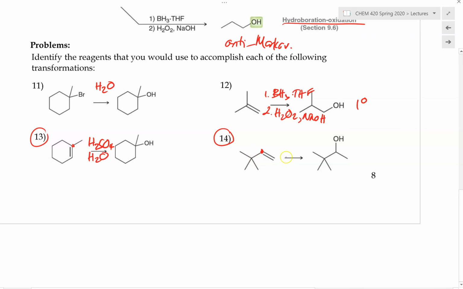If we were to do acid-catalyzed hydration here, it would undergo carbocation rearrangement, where the hydroxy group would be added to this carbon right here, and that would not be ideal. So we have to prevent the carbocation rearrangement in this reaction. Therefore, we have to use the oxymercuration and demercuration method. The reagent would involve mercuric acetate and water, followed by the next step, the demercuration using sodium borohydride.